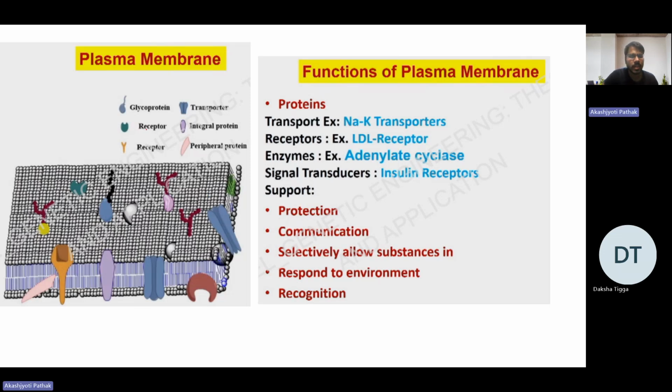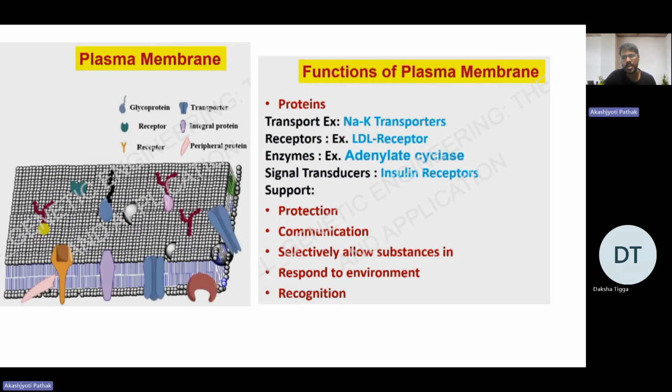Then there are receptors which allow the cell to bind to a ligand. So for cell communication, cell receptors are important. There will be transporters. So different types of proteins can be present.